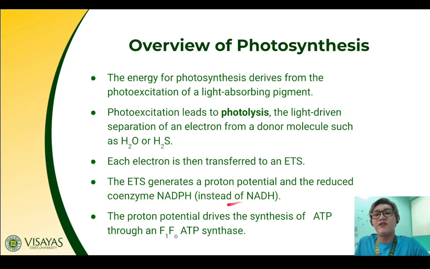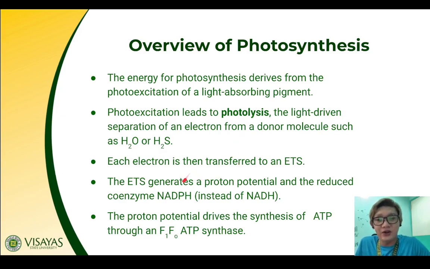So the energy for photosynthesis derives from the photoexcitation of a light-absorbing pigment. Okay, so photoexcitation leads to photolysis, or the light-driven separation of an electron donor molecule, such as water or hydrogen sulfide.